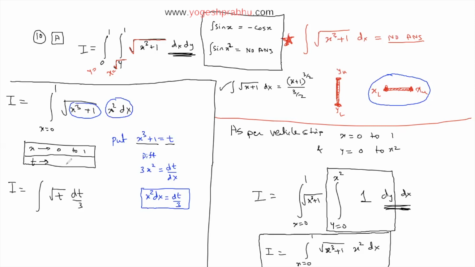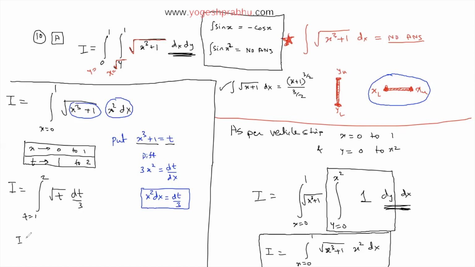And put x as 1. You understand? Yeah, but the answer is different. No, don't worry. We'll get the answer. If you put x as 1 here, you'll get 1 cube, 1, plus 1, 2. The t value will become 2. So t is going to be from 1 to 2.